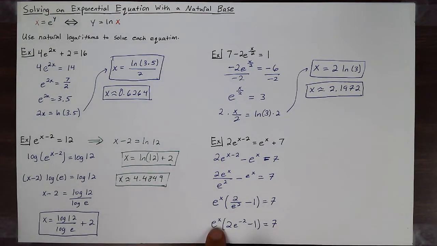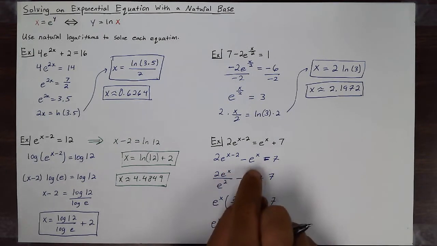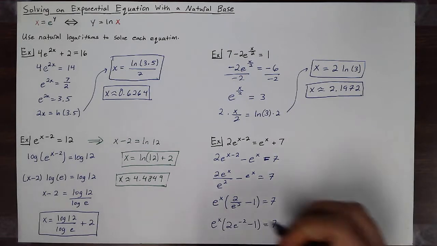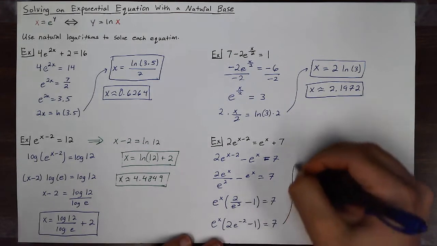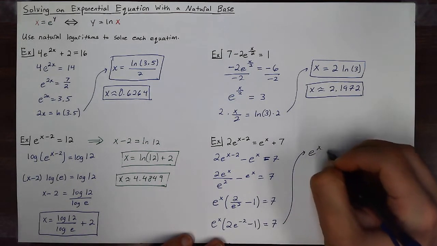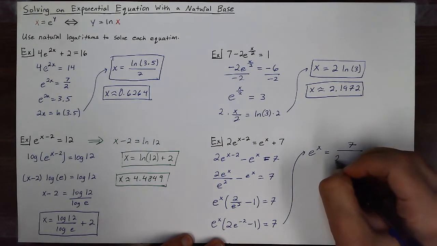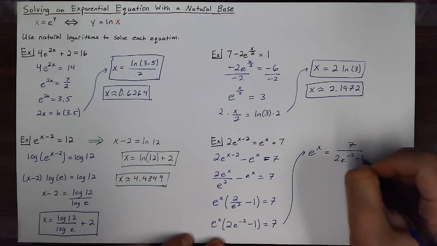And to get e to the x by itself, I will divide each side by 2e to the negative 2 minus 1. So that little trick here was just to factor out e to the x, so that e squared is just a number. And now I can just divide that to the right side of the equation, giving me e to the x is equal to 7 over 2e to the negative 2 minus 1.